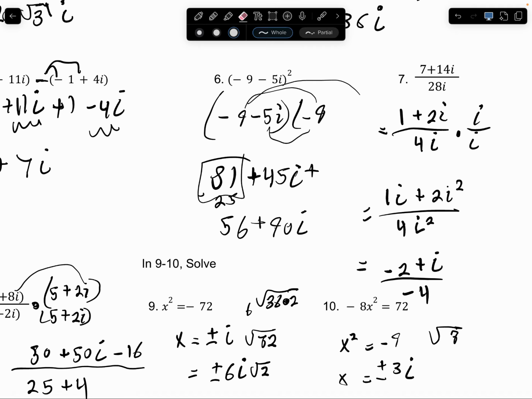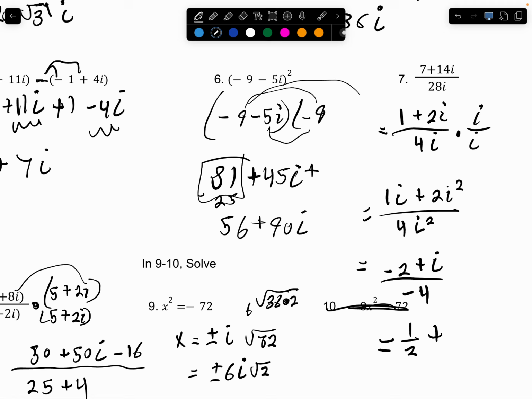To get it into the right form, I have 2 over 4. Negative 2 over negative 4 is 1/2 plus, but actually it would be a minus because of that. So I'm going to minus 1 over 4i. So if you can get it to this step, you've got most of the credit, but you might miss a tiny little bit if you can't get it to there, okay?